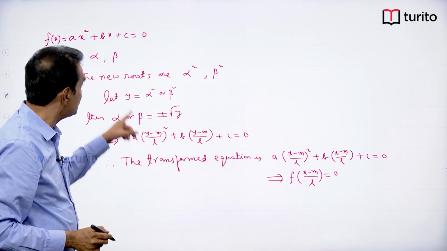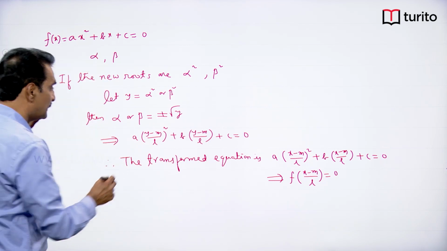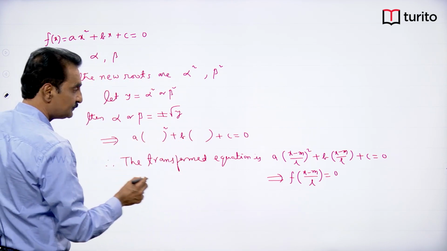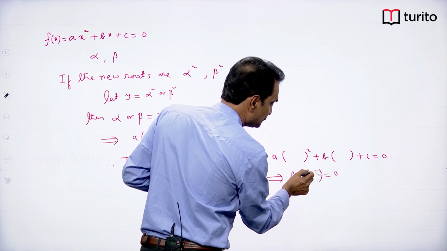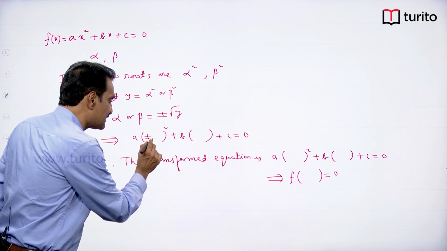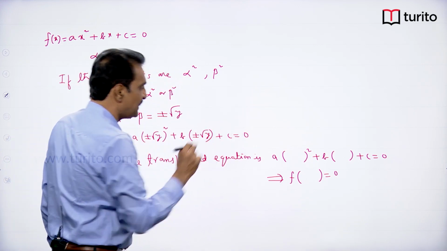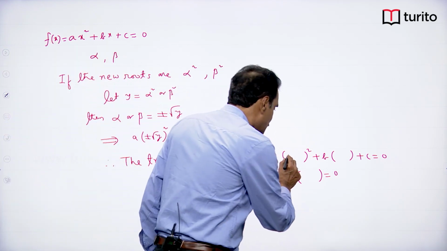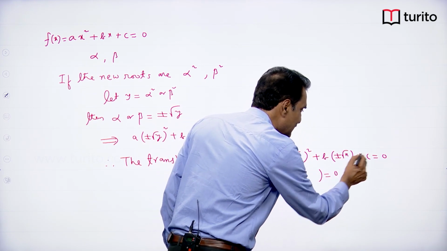Then you can replace x by plus or minus root y. So you will get a into (plus or minus root y) whole square plus b into (plus or minus root y) plus c is equal to 0. Then replacing y by x, a into (plus or minus root x) whole square plus b into (plus or minus root x) plus c is equal to 0.